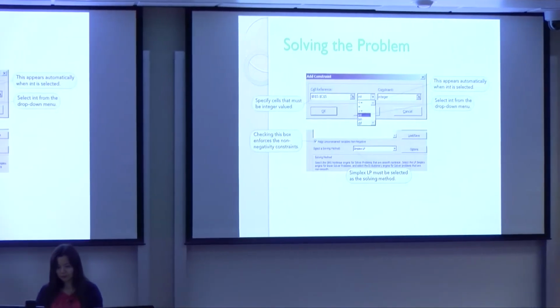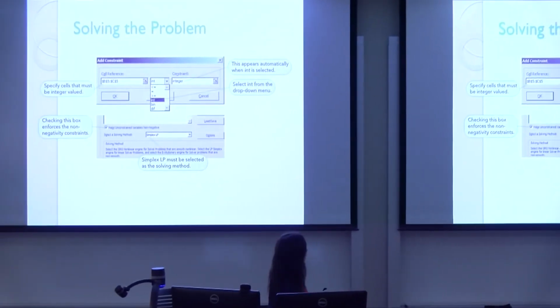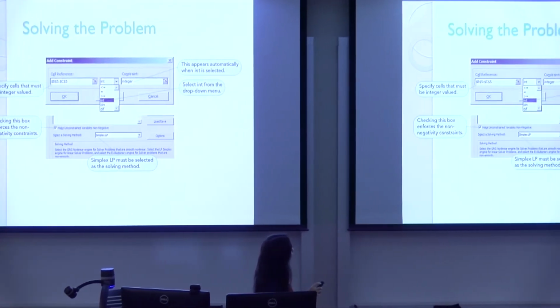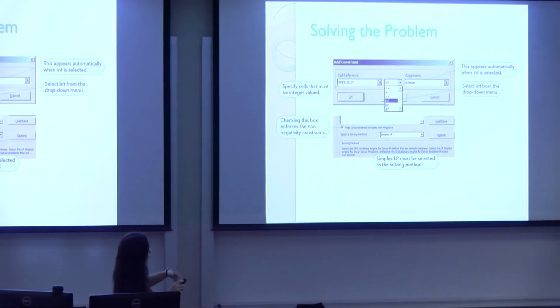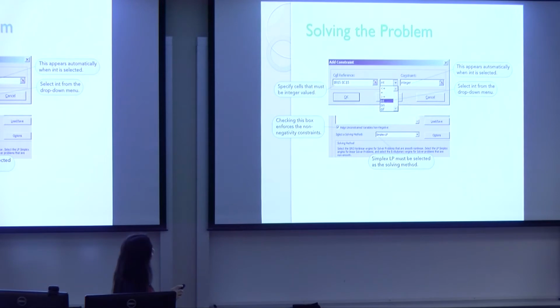So again, we can add this constraint. I will show you later about this range. Basically, these are the decision variables. I'm adding that the solution must be integer.